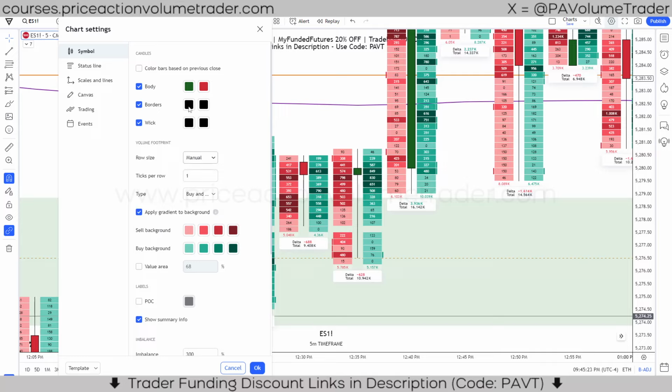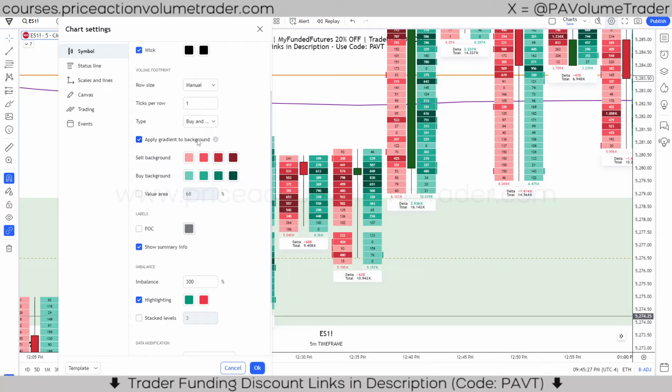I already went over all the settings in my footprint video, but you can see I have the gradient, so the darker is the larger number of volumes. I have it set as a bid by ask footprint, so executed aggressive sells on the left, executed aggressive buys on the right.